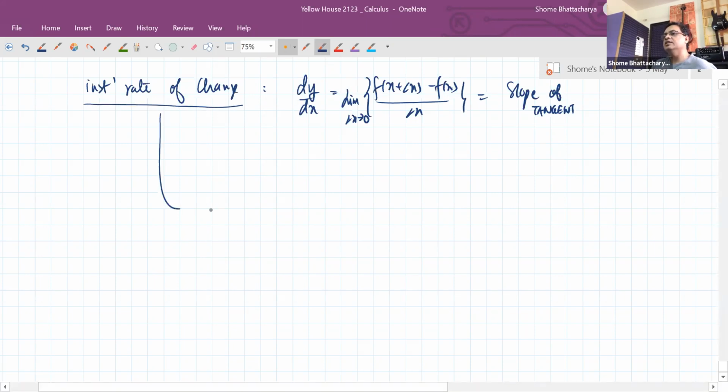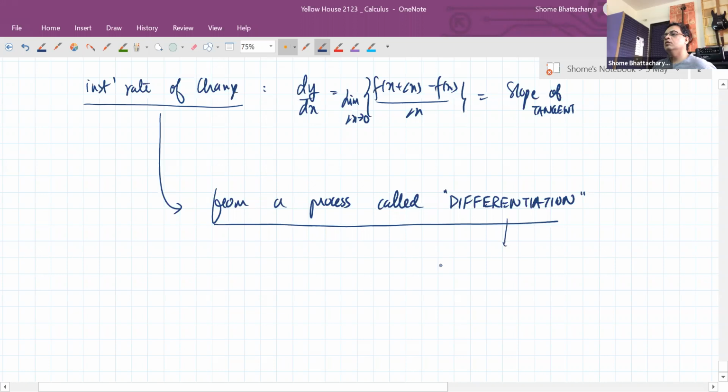Now we understand instantaneous rate of change from a process called differentiation. And from here, life will start becoming easier as far as instantaneous rate of change is concerned. Okay, differentiation, or the principles of differential calculus.